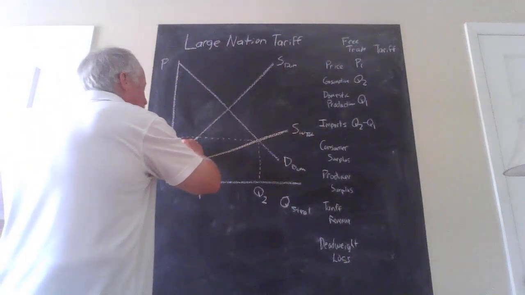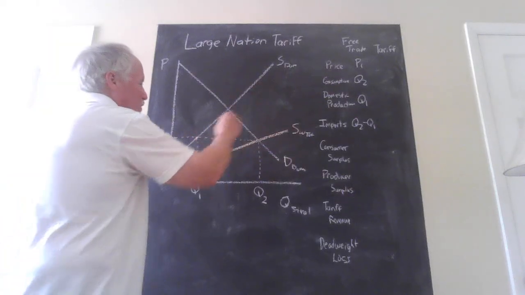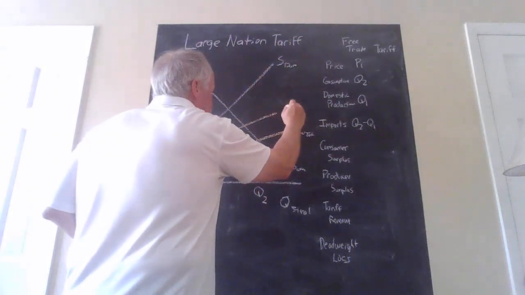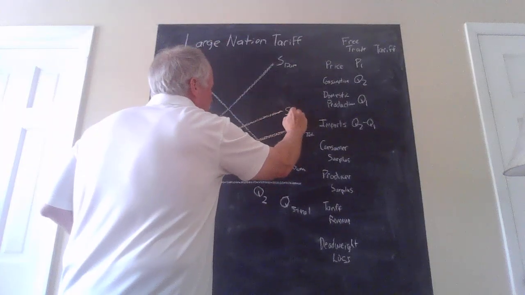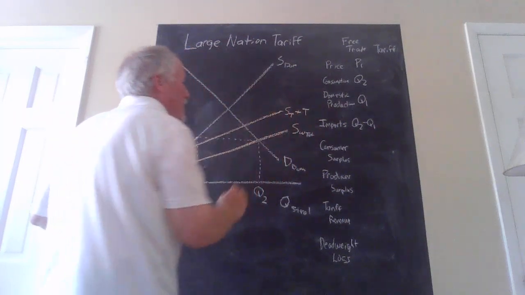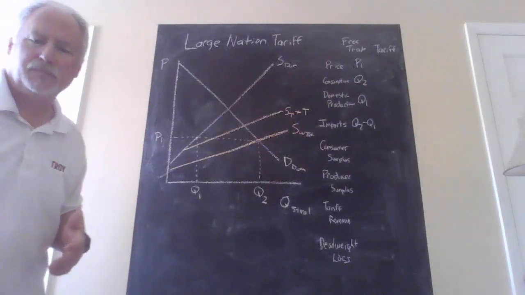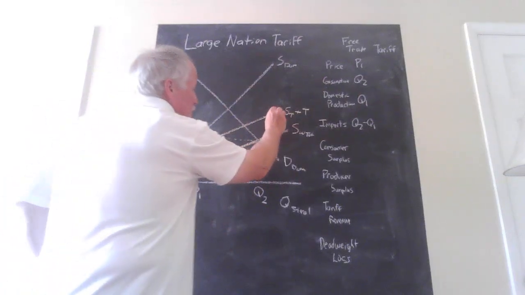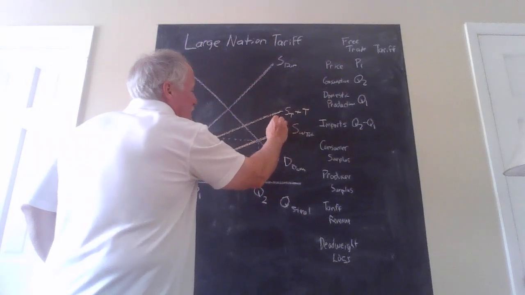So I'll draw that in here, and so we're going to shift it up parallel by the amount of the tax. And so we'll call that the total supply curve plus the tariff, and we'll call that tariff amount T. And so again, the vertical distance between these two curves is the amount of the tariff.